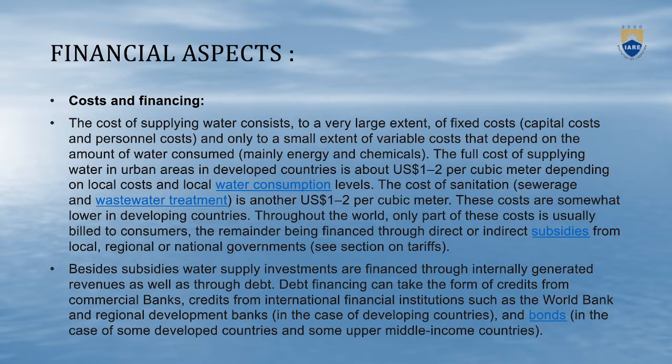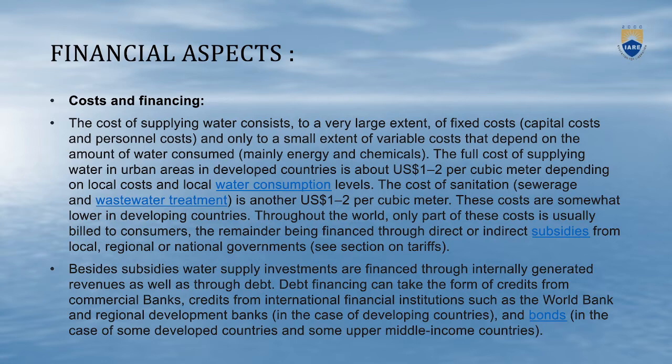The full cost of supplying water in urban areas in developed countries is about $1 to $2 per cubic meter depending on local cost and local water consumption levels. The cost of sanitation, sewage, sewerage and wastewater treatment is another $1 to 2 per cubic meter. These costs are somewhat lower in developing countries.